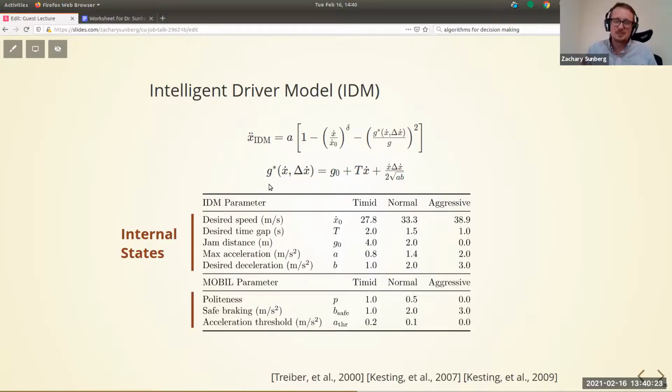A POMDP can model all of that without much trouble by saying that there's a transition probability that the internal parameters will change.